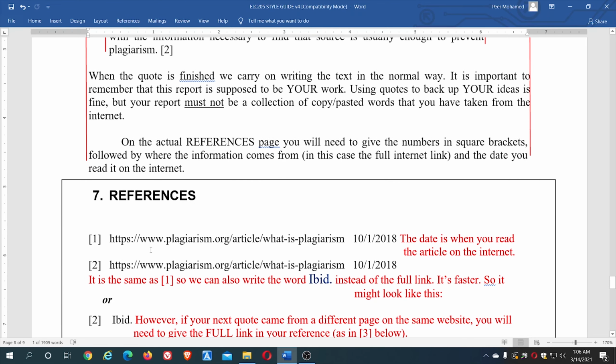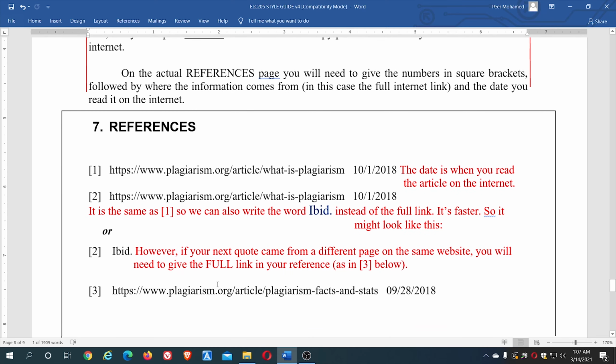You can see here, number 1. So you took the information from this website. You can put the date, mostly the date when you are reading it, because websites keep getting updated. So number 2, this is the second reference you have taken from this website. And you can mention it like that.